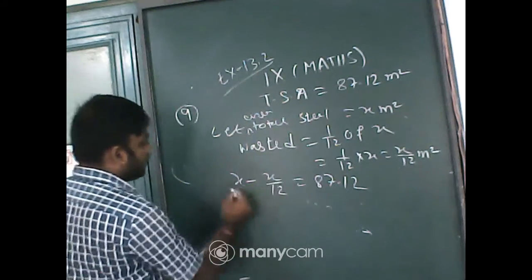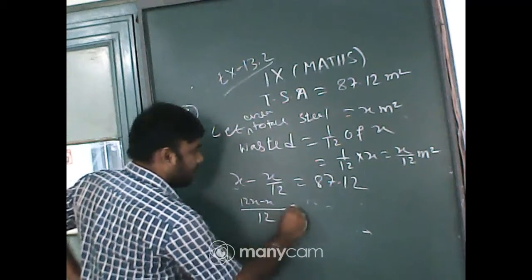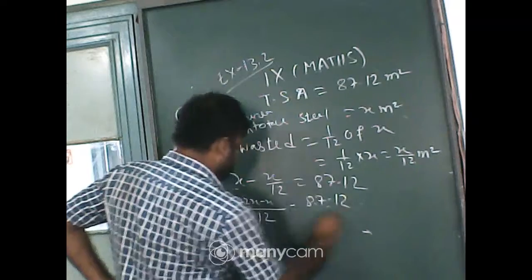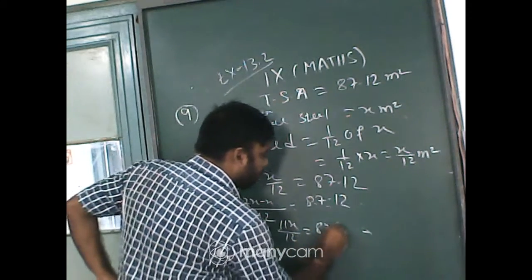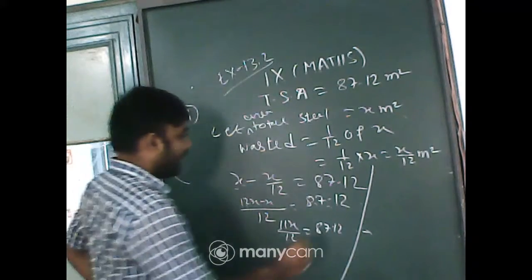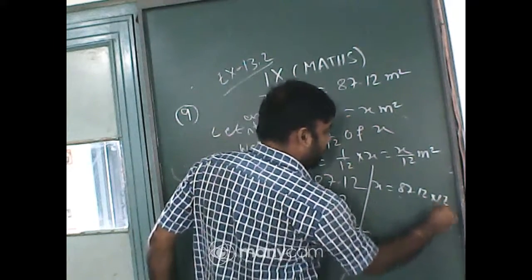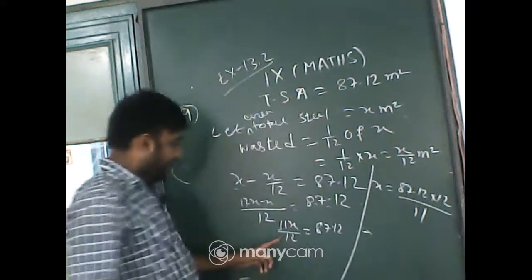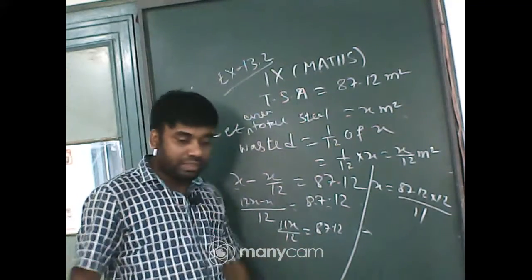Now x minus x by 12, 12 LCM, 12x minus x equals 87.12. Now 11x by 12 equals 87.12. Now what will be the value of x? x will be 87.12 into 12 by 11. 87.12, 12 will be multiplied and 11 will be divided.